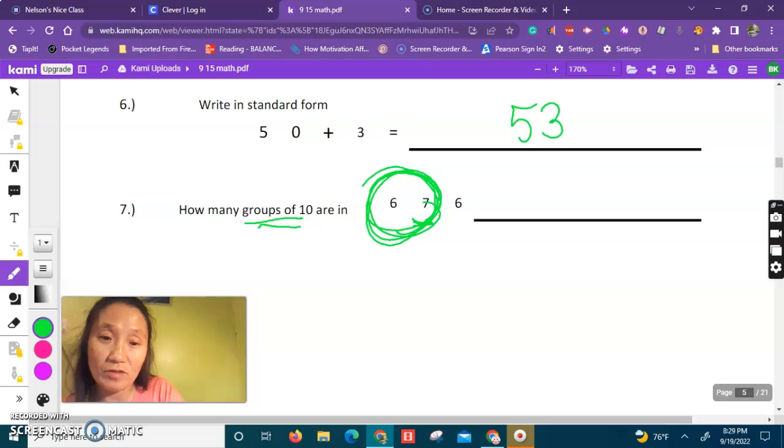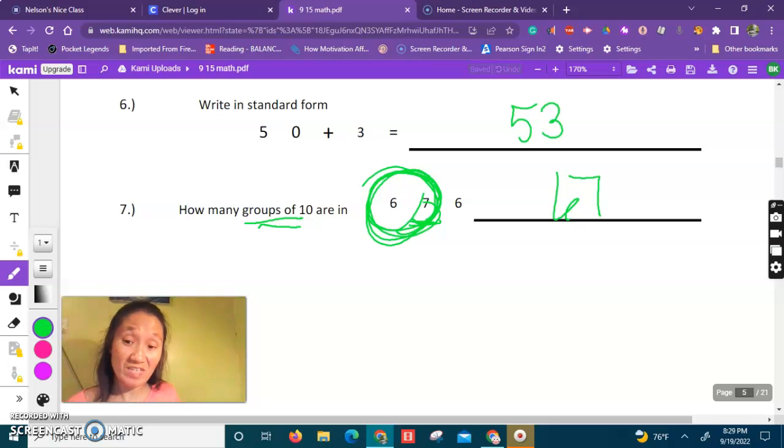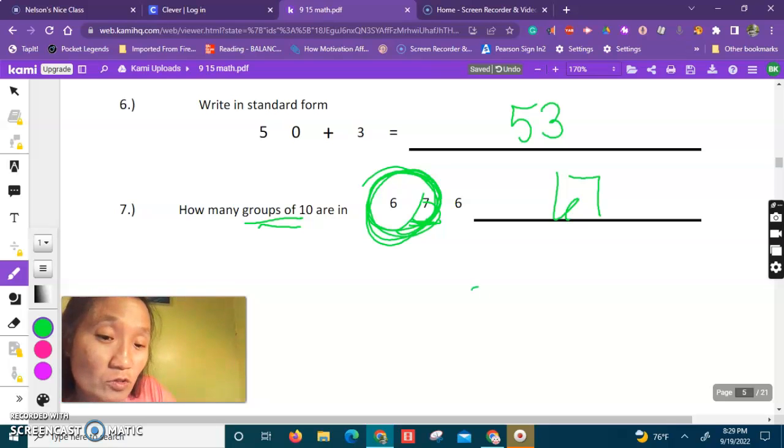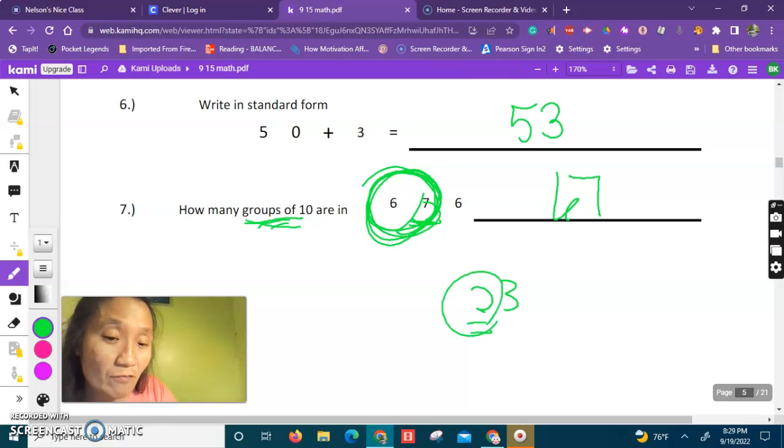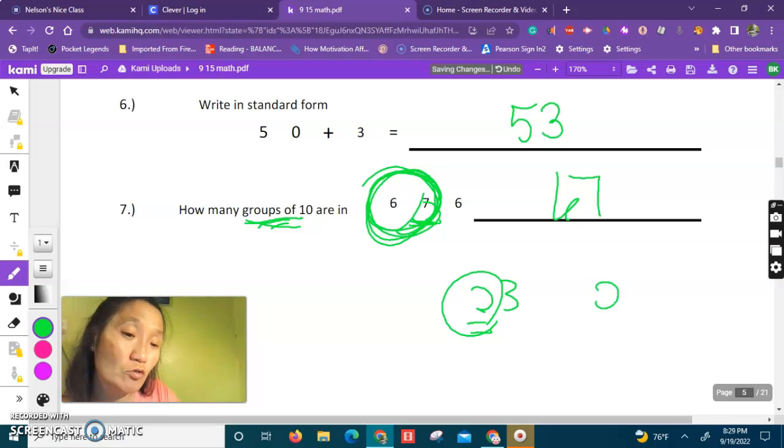We circle the tens and the hundreds, and if there was a thousands place, we'd circle it too. But there isn't. So there are 67 groups of 10. Now write this down. How many groups of 10 are in 23? I go to the 2 and circle everything in front of it, and there are only 2 groups.